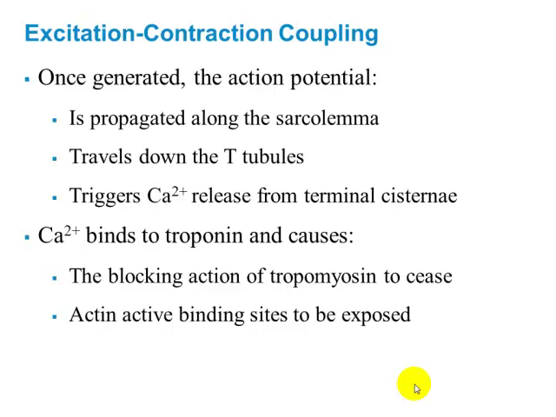And the way that it does that is that action potential can affect voltage-gated channels or voltage-sensitive channels. So as that action potential passes, it's going to open those channels and it's going to release calcium. And that calcium is going to move to the sarcomeres where it's going to bind to troponin. Okay. When it binds to troponin, it will change the shape of the troponin, and it's going to actually move that regulatory subunit of tropomyosin off of the actin binding sites.